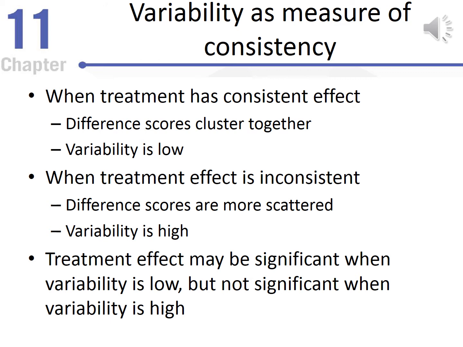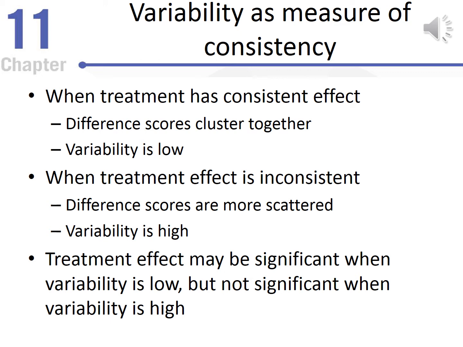One way to look at it is that variability and consistency have an inverse relationship. So when variability is high, consistency is low, and vice versa. When the treatment has a consistent effect, the different scores all cluster together and the variability is low.